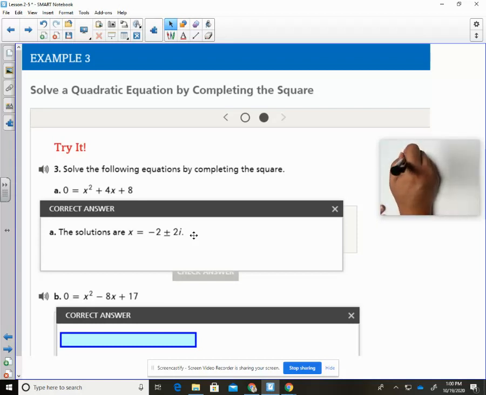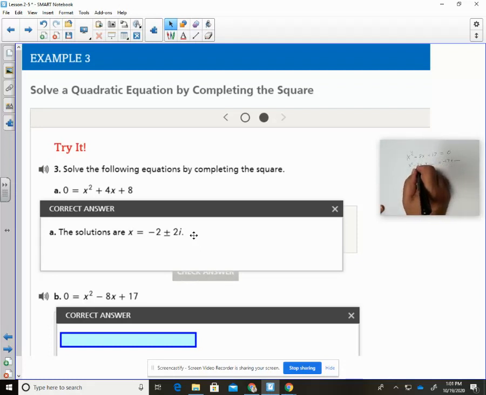So then x squared minus 8x plus 17 is equal to 0. I'm going to take x squared minus 8x plus something, and move the 17 over there. It helps sometimes, like I forgot a minute ago, to go ahead and write that plus something because I'm going to add something to both sides.